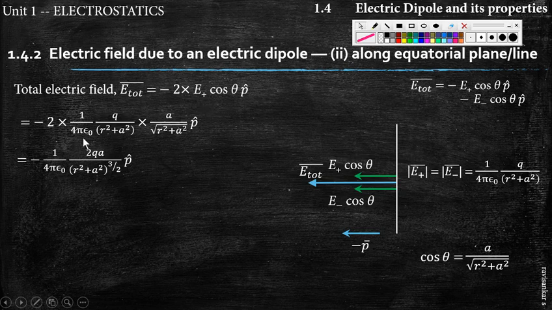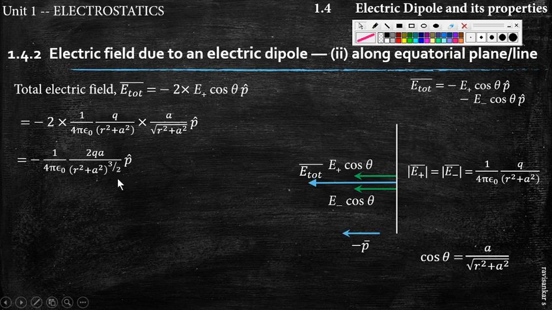So that is 1 by 4 pi epsilon naught into Q by R squared plus A squared. Cos theta is given by A by root of R squared plus A squared, and then a p cap. So the minus is retained here, 1 by 4 pi epsilon naught 2 QA divided by R squared plus A squared whole power 3 by 2.